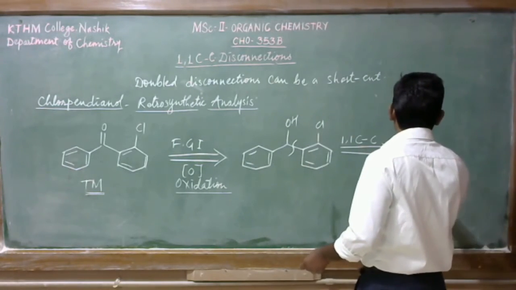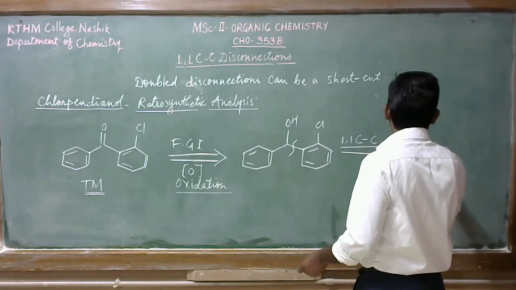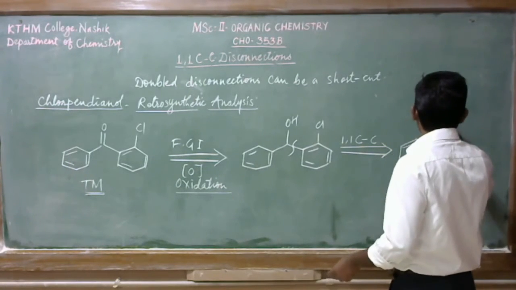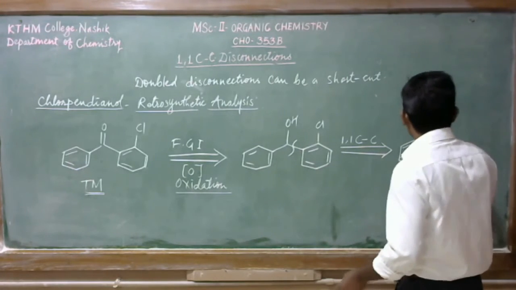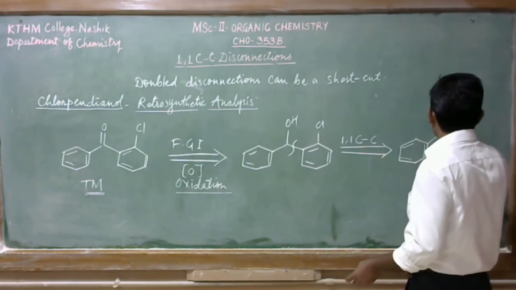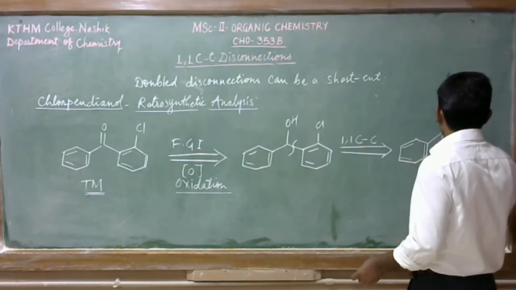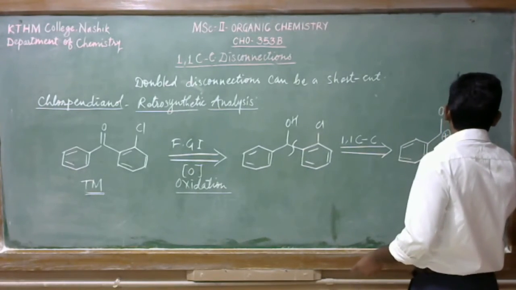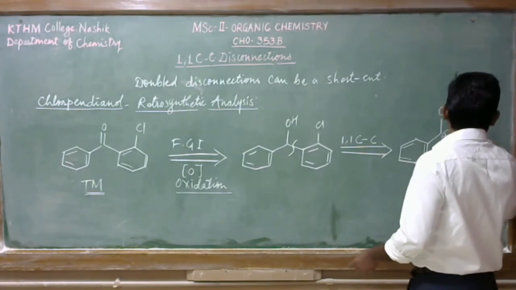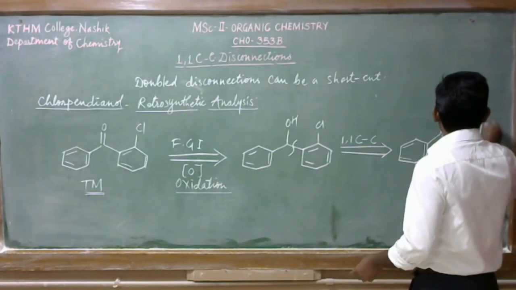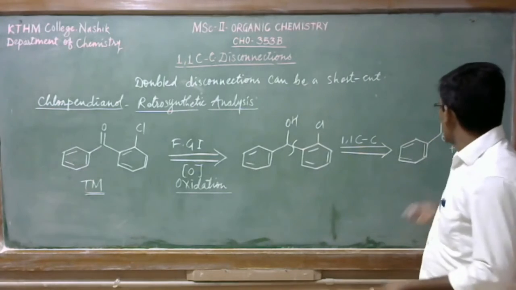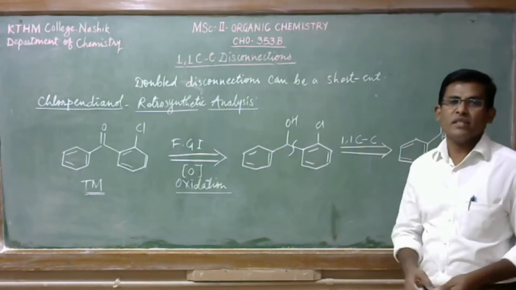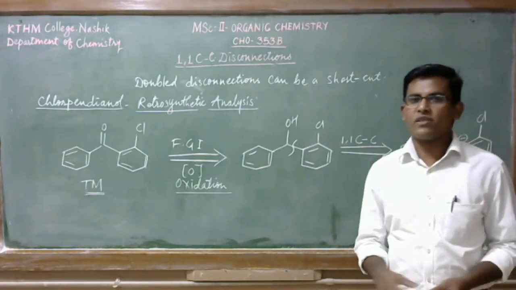We could get these two fragments, where we will have this positive charge and the other would have this negative charge. As I have mentioned before, this carbon nucleophile corresponds to the Grignard reagent, for example.